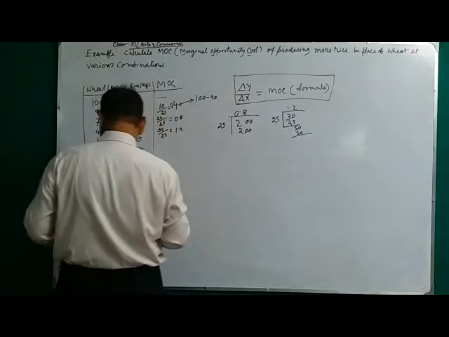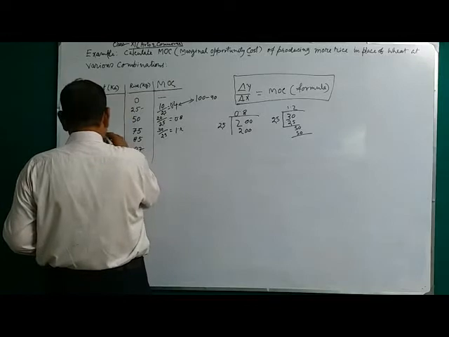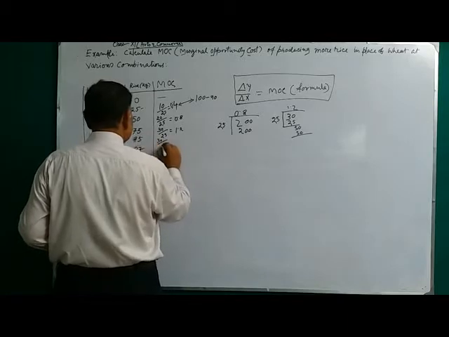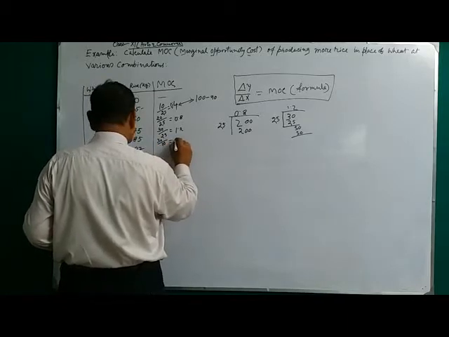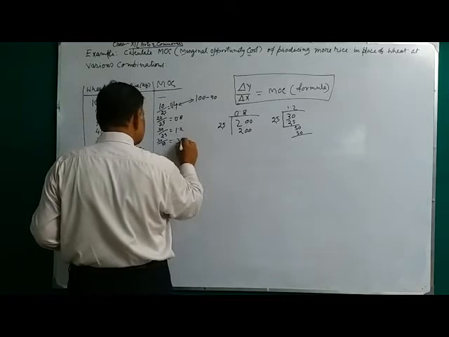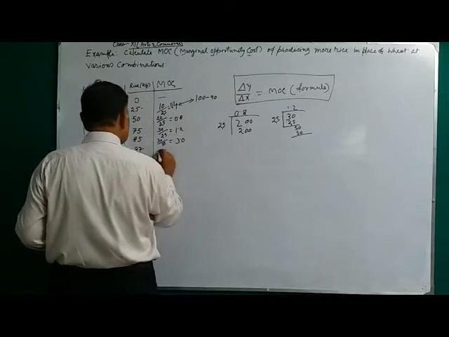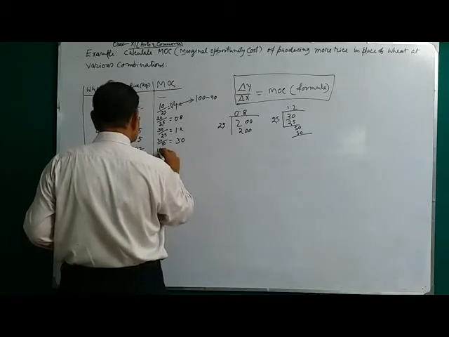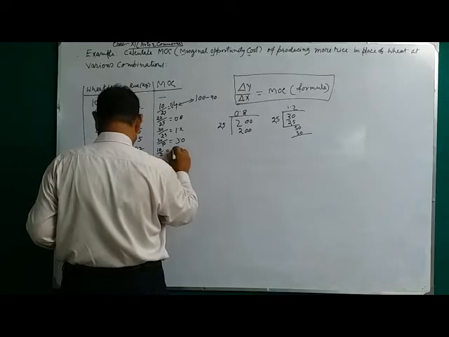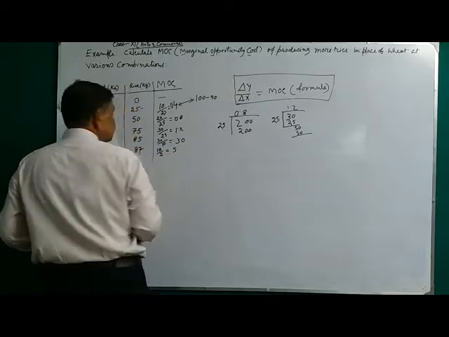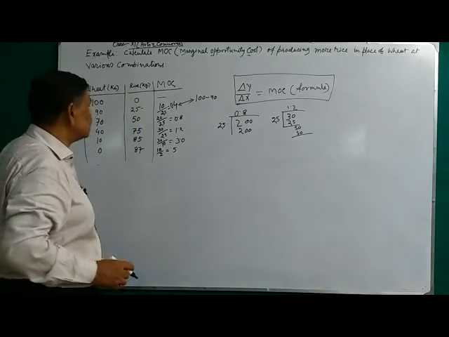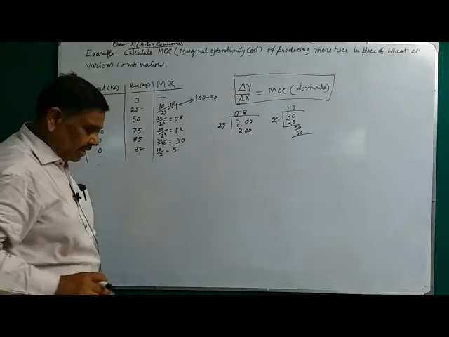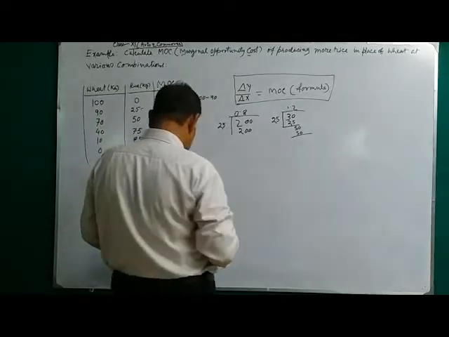Next, 40 minus 10, that is 30 by 10. It is easy, 3.0. Now 10 minus 0 is equal to 10, and 87 minus 85 is equal to 2, so it is equal to 5. This is the method. You should calculate MOC. That is the calculation of MOC method. Okay?